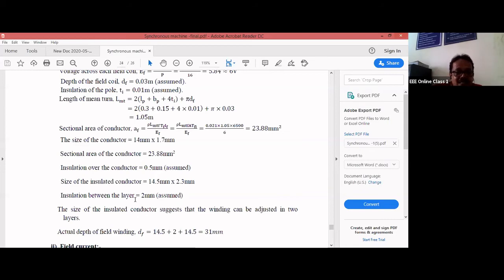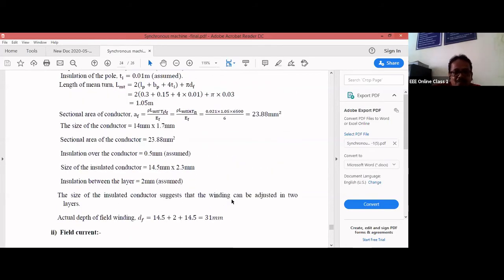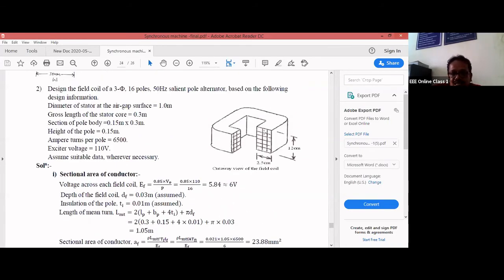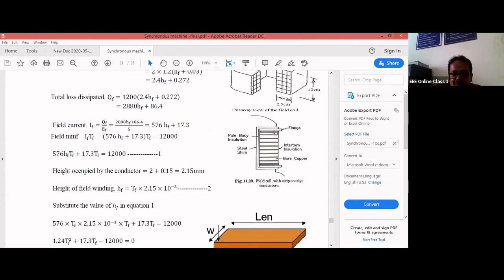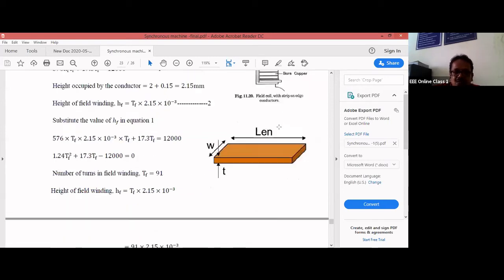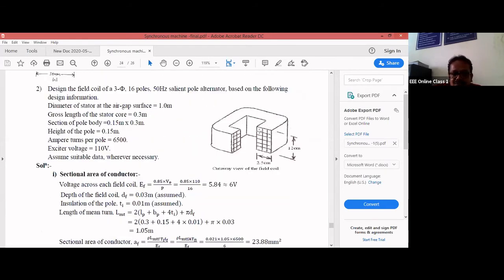And insulation between the layers means 2 mm. See here, this is one layer. After that, we will have one more layer. This is a 3-layer winding.